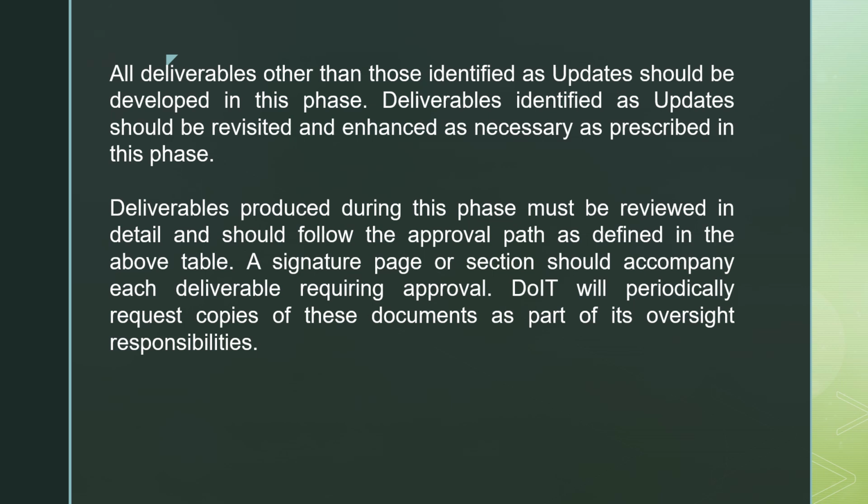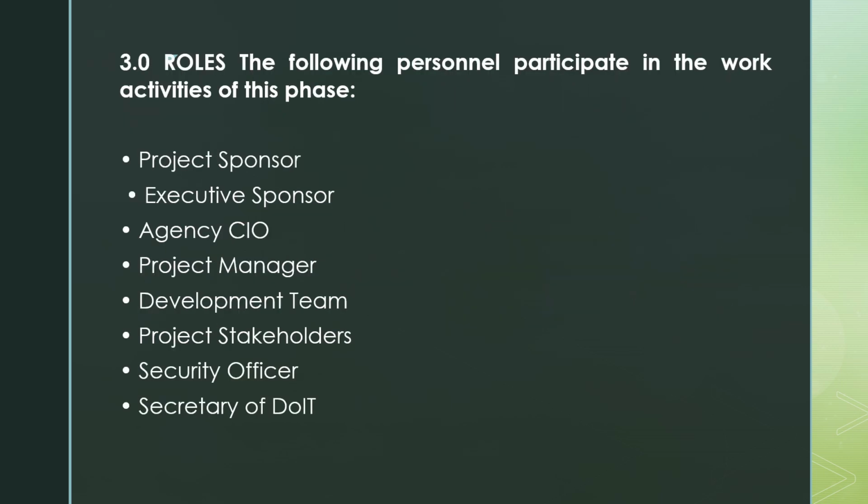The Department of Information Technology will periodically request copies of these documents as part of its oversight responsibilities. The roles: the following personnel participate in the work activities of this phase: the project sponsor, the executive sponsor, the agency CIO, the project manager, the development team, the project stakeholders, the security officer, and the secretary of the DOIT.